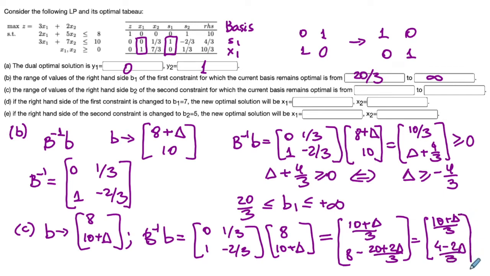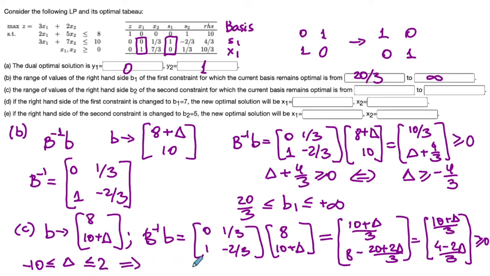And again, this needs to be greater than or equal to 0. And in order for both of these to be greater than or equal to 0, delta needs to be greater than or equal to negative 10 from the first inequality and less than or equal to 2 from the second inequality.